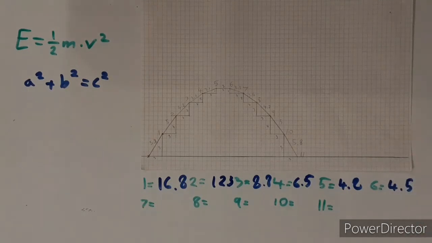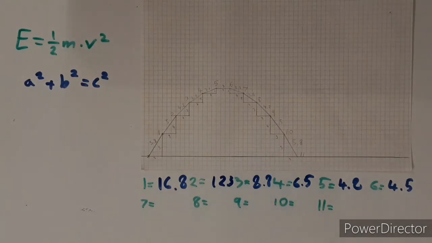This is apogee. So now, the kinetic energy is not zero because we do have horizontal velocity in this flight, but now all our kinetic energy that was pushing us upwards has been turned into gravitational potential energy. So now our vertical speed is zero, and this is apogee. So we're going to start accelerating towards the ground again now.